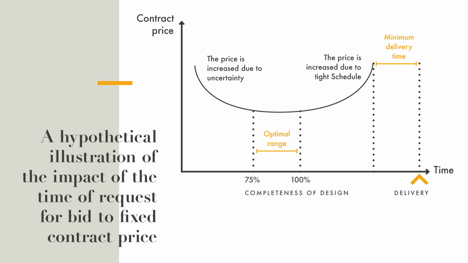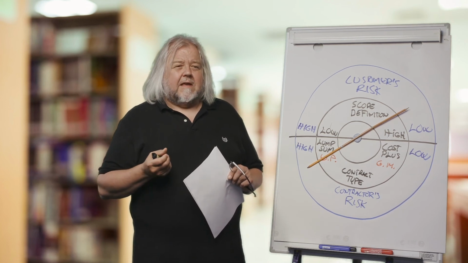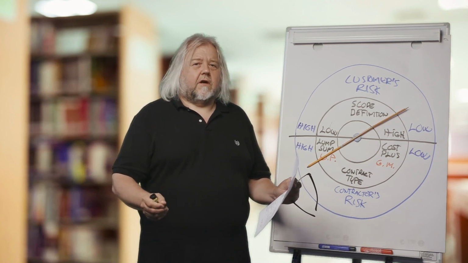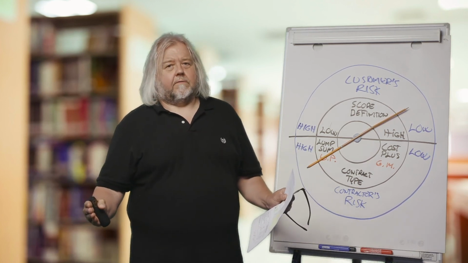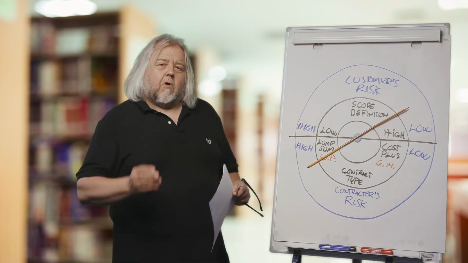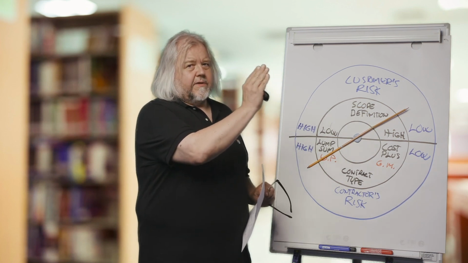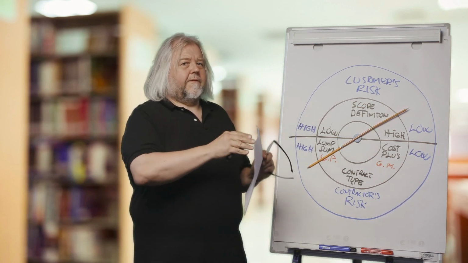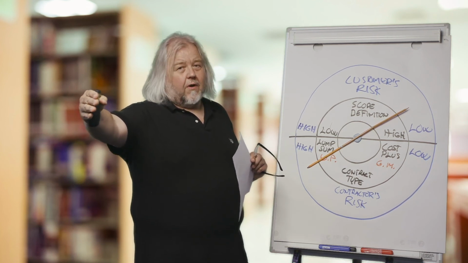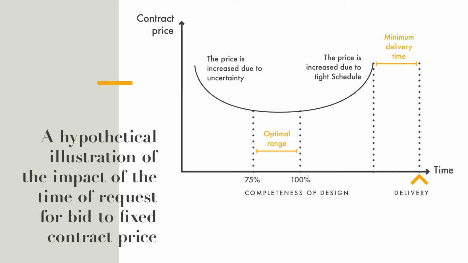And this picture shows that if there is a long distance from signing the contract to the actual delivery of whatever is agreed upon, the contractor puts a higher price there because of the uncertainty that comes with a long time, and a long time is also connected to the fact that the scope, the actual completeness of the project end product, is not designed that accurately.